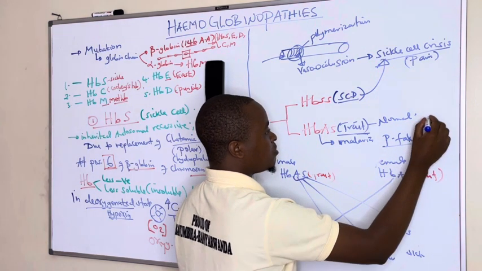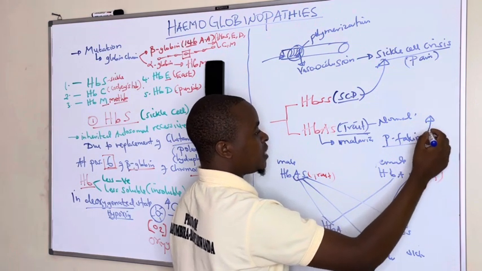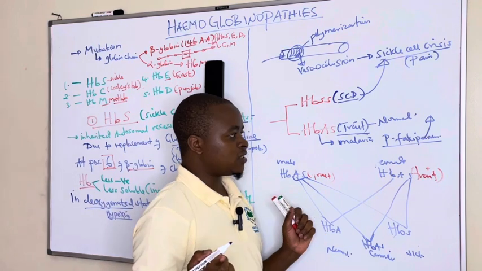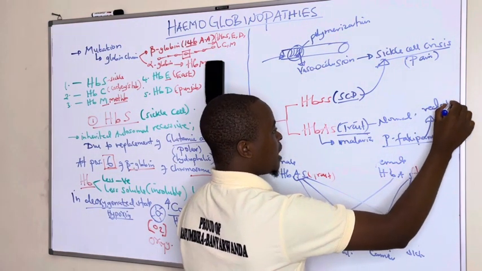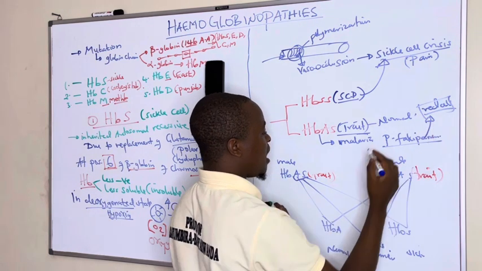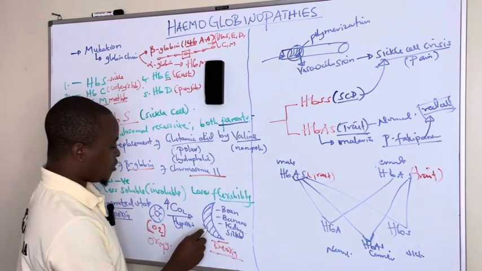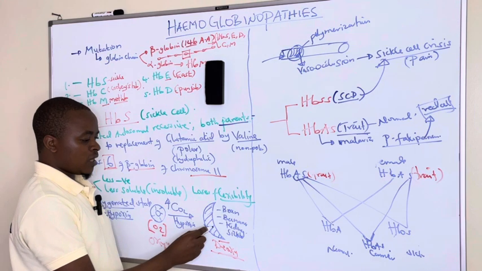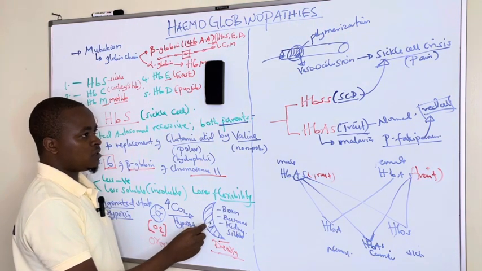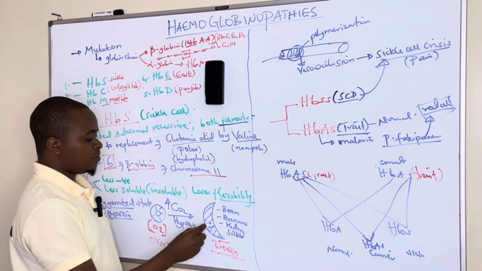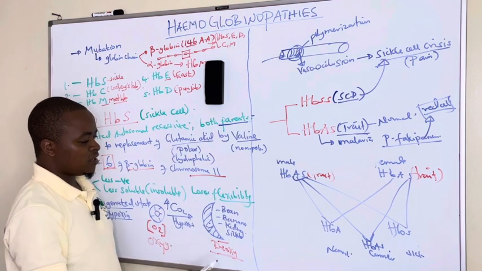Because falciparum has its obligatory life cycle within the red cell, and we are seeing that these red cells are forming sickle. Whenever they are sickled, we see them being destroyed faster.